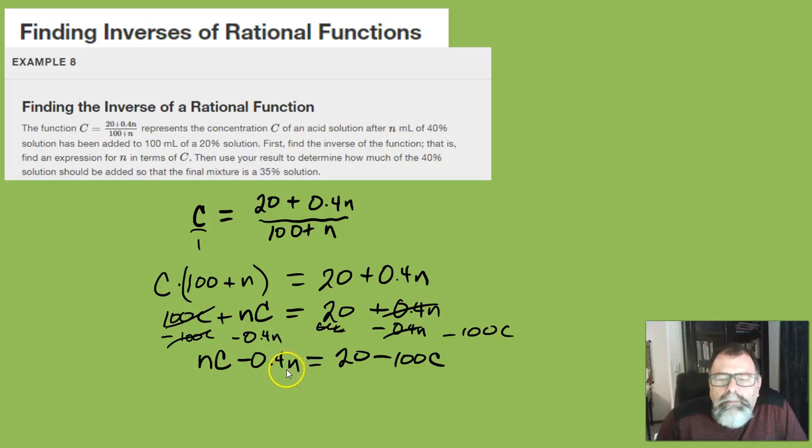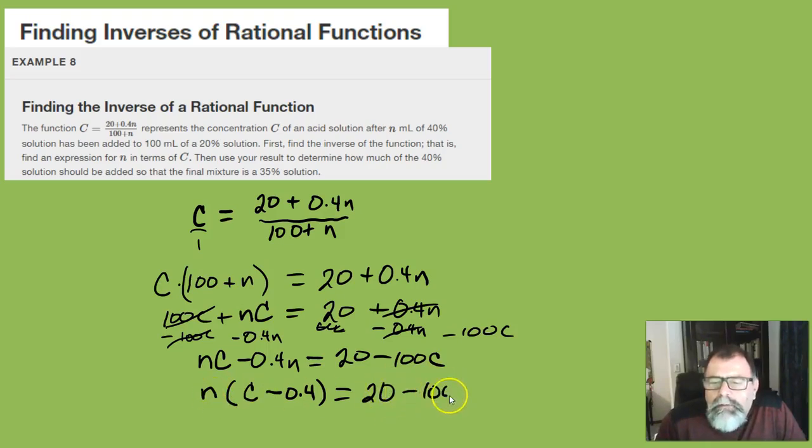Now, the technique is I'm solving for N. So get all the N's on one side and then factor the N out. See, both terms have N. That's the purpose of getting them all on one side, and then I can factor that out. Then think of this as just one number times N, and you divide both sides by that number.